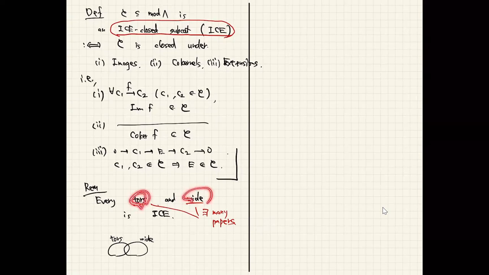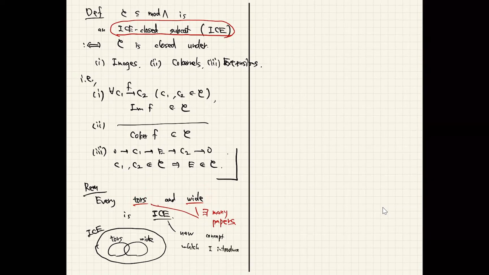But both of these subcategories are ICE. So ICE subcategory unifies both torsion classes and wide subcategories. And ICE-closed subcategory is a very recent object because it's a new concept which I introduced in the last year.